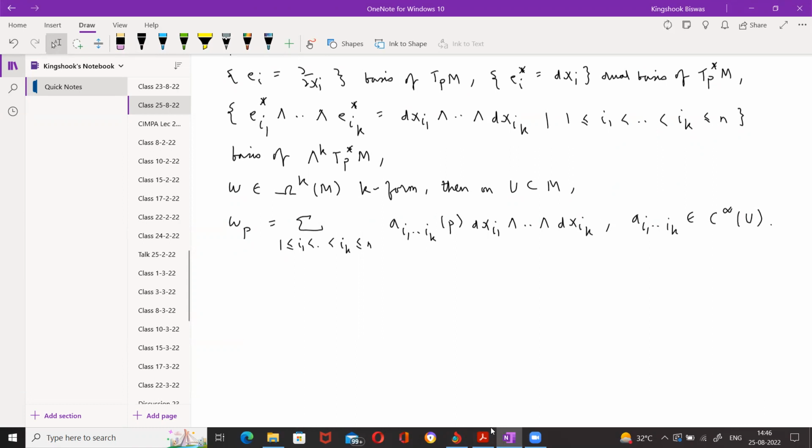It's a linear combination with smooth function coefficients of dx_{i1} wedge up to dx_{ik}.